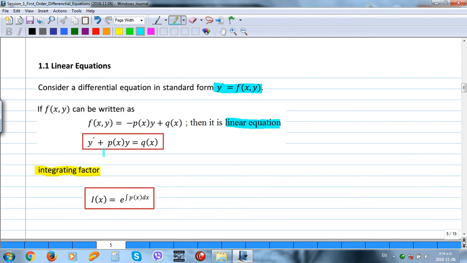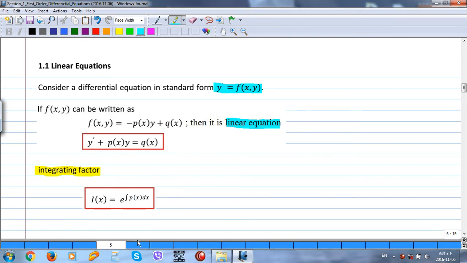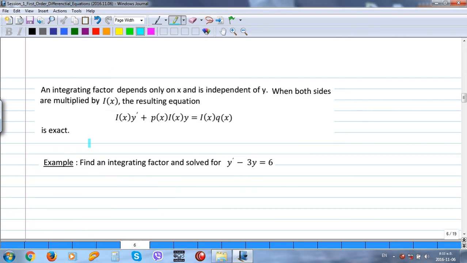Then the integrating factor. You learned these things earlier also. We denote the integrating factor I(x) equals e to the power integral of p(x) dx. The integrating factor depends on x and is independent of y.